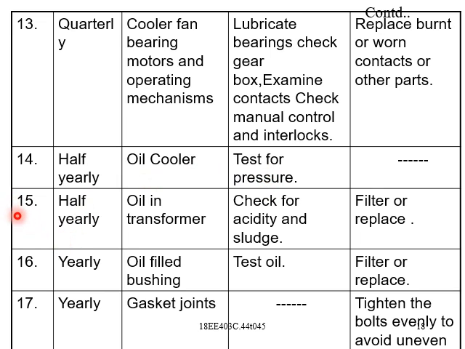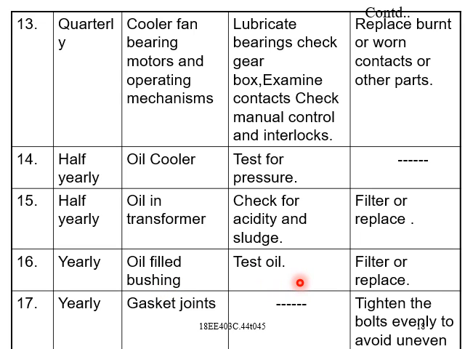The 15th one is half yearly maintenance. Here the item inspected is oil in the transformer, and check for acidity and sludge, the same. If so observed, filter the oil or replace it with a newer one. The 16th maintenance in table 2 is yearly maintenance, for oil filled bushings.